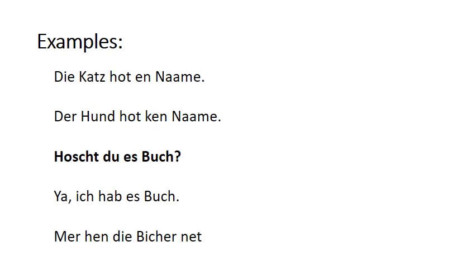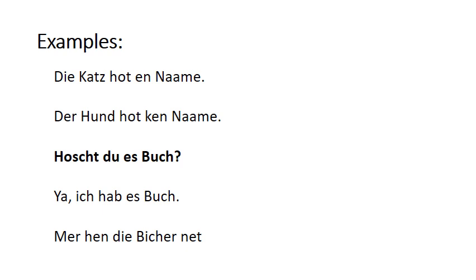Let's look at questions. You'll remember from the Ich bin lecture that to make a question, you put the verb at the front. Hast du es Buch? That means, do you have the book? Buch means book. Notice in English we have to use this little helping verb, do. In German, you can just put the verb have at the front.